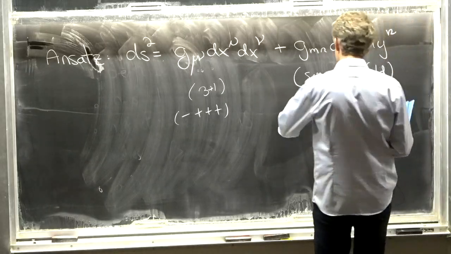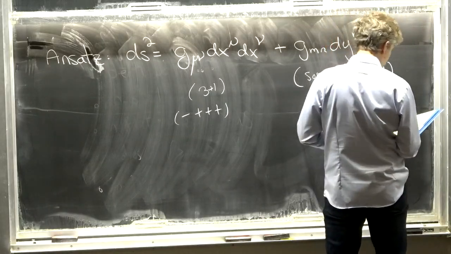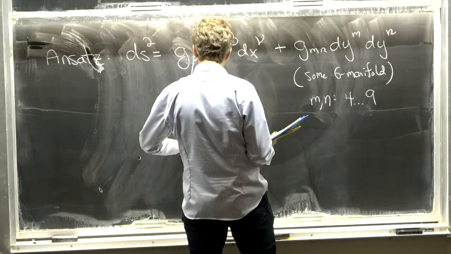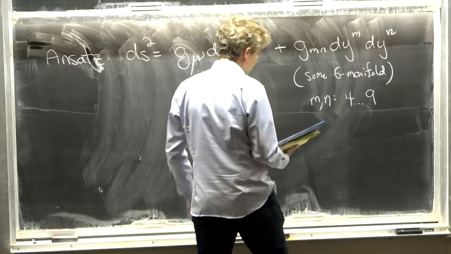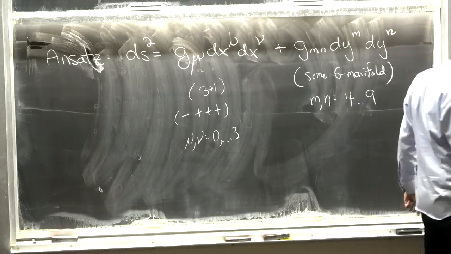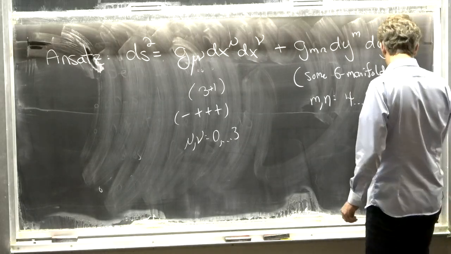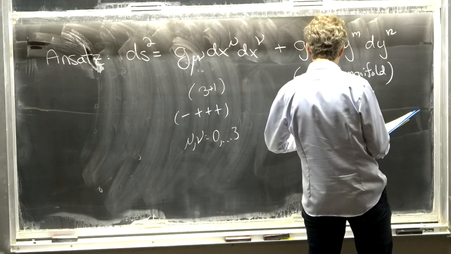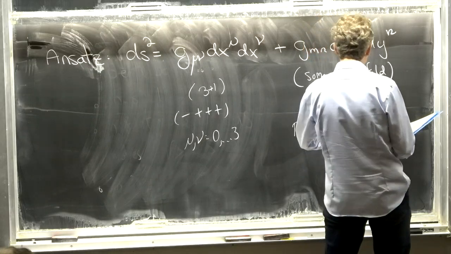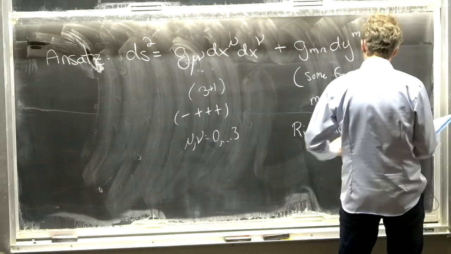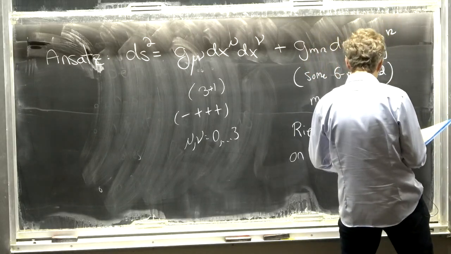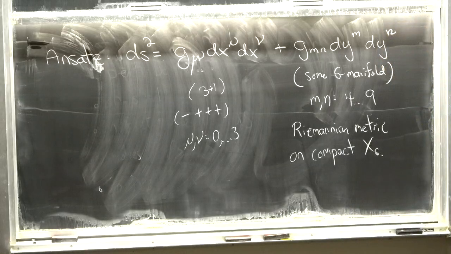And so m and n run from 4 through 9, and mu and nu run from 0 to 3, just like in special relativity. Okay. So this is just to spell it out, this is going to be a Riemannian metric on some compact Riemannian manifold, which I'll call X6 or big X. So whenever you see capital X, that means the compactification manifold.